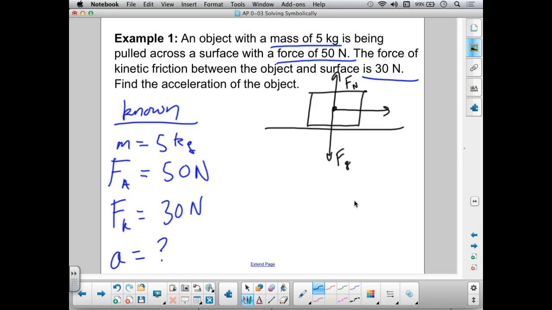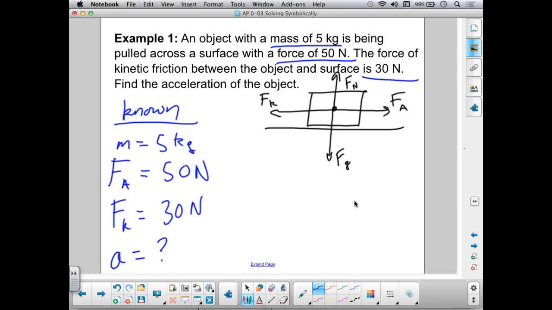The object is being pulled, and it's being resisted by kinetic friction. So I'm going to put that in the other direction, FK. So there's a diagram that gives me a visual depiction of the forces acting on this object.